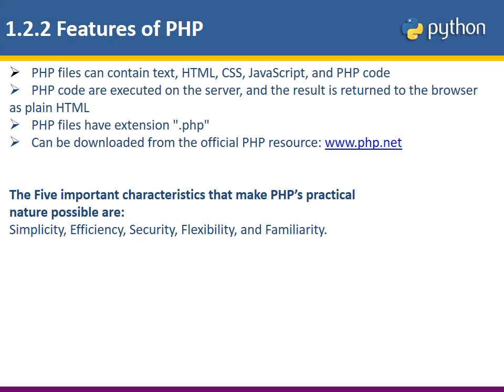as plain HTML. So PHP files have an extension the way Python has an extension, and the Python extension is .py. So the PHP file extension is .php. So that is the extension for a PHP file, .php, while that of Python is .py.